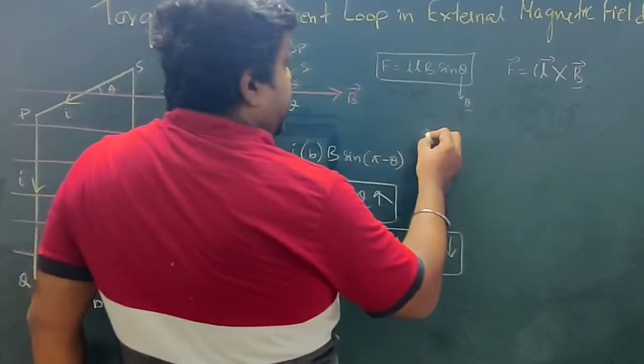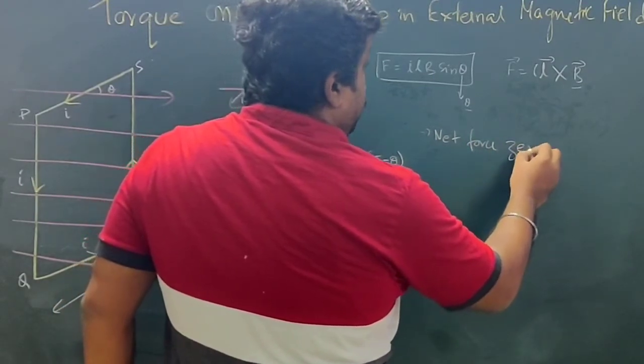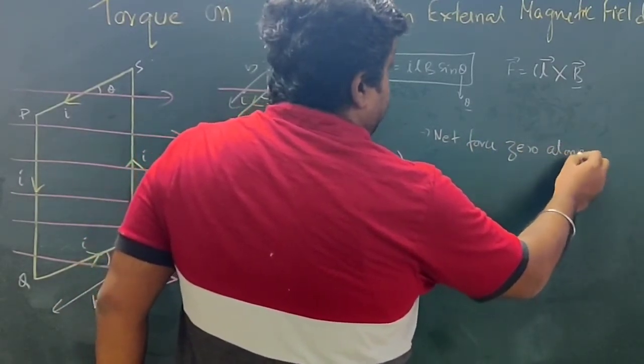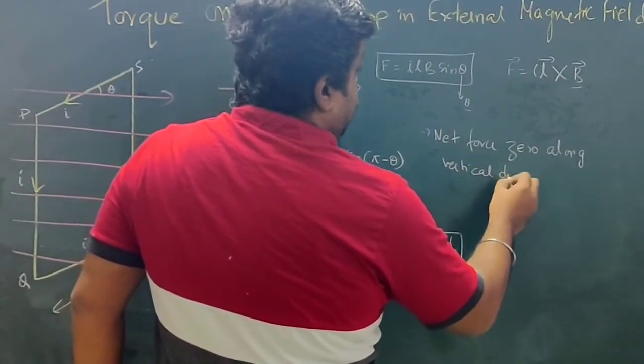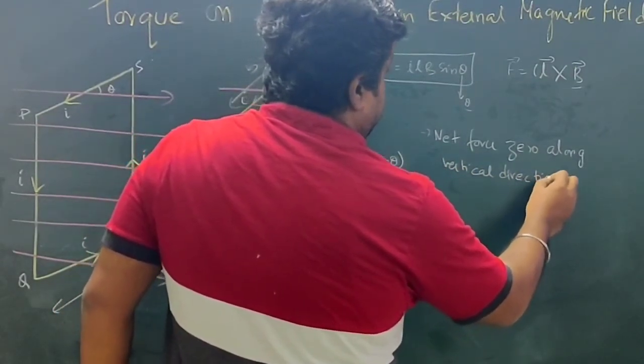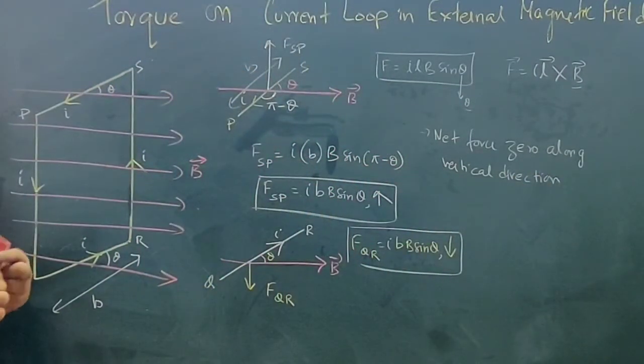Net force is 0 along the vertical direction. And there will not be any torque also, because both the forces have the same line of action.